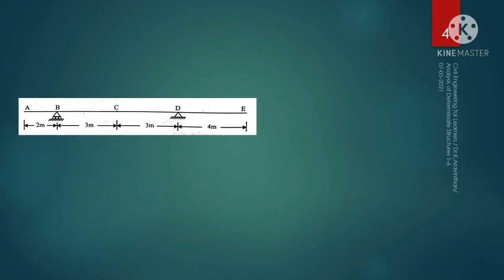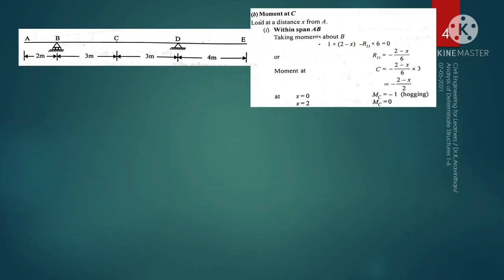Now let us move into the next requirement, that is moment. We need moment at C. What happens if any load is moving at the point C? What will be the influence line? Let us find that. To find that, we need influence line for the whole span.